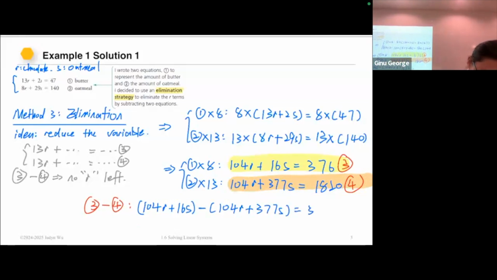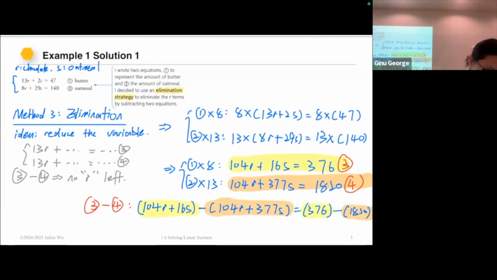And then we can do similarly 376 minus 1820, where the yellow parts are from the first equation. The subtraction is the operator here, and the orange part is from the second, the fourth equation here.